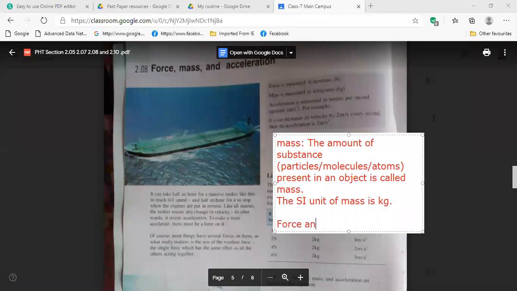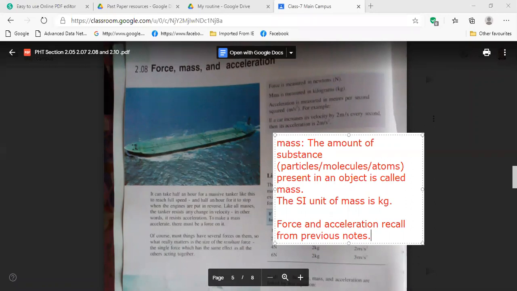About force and acceleration, recall from previous notes. Force and acceleration we get from previous notes.